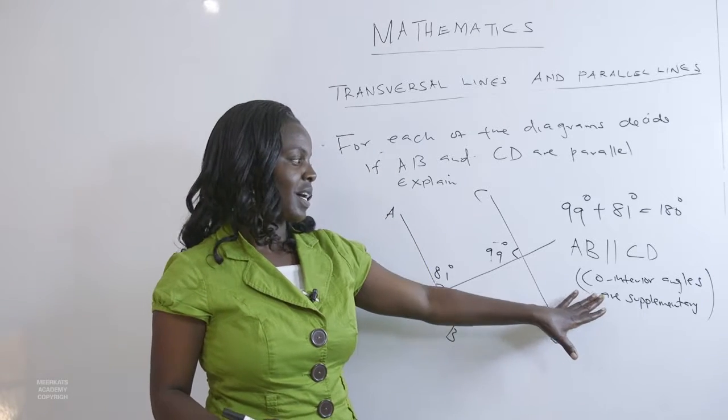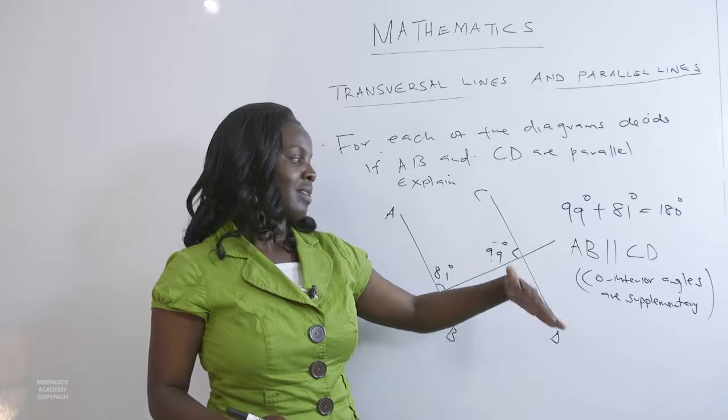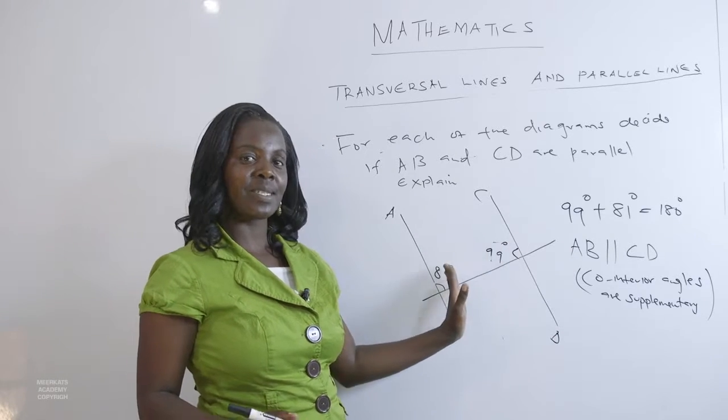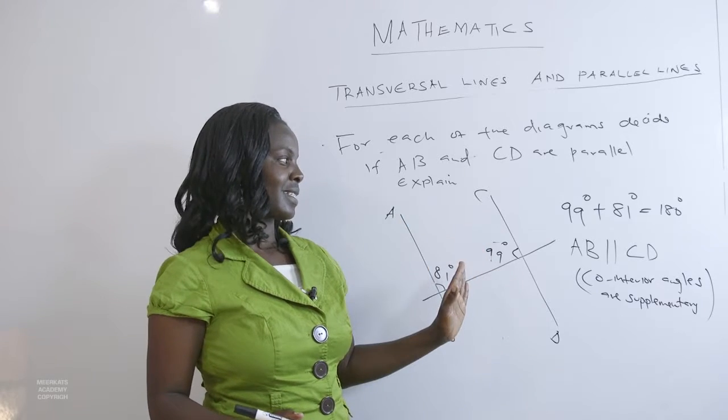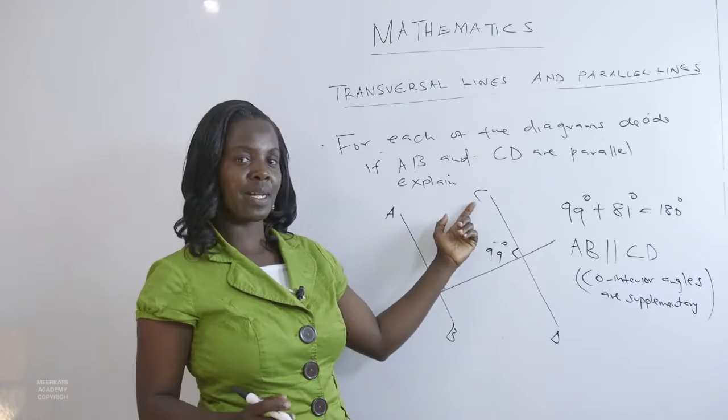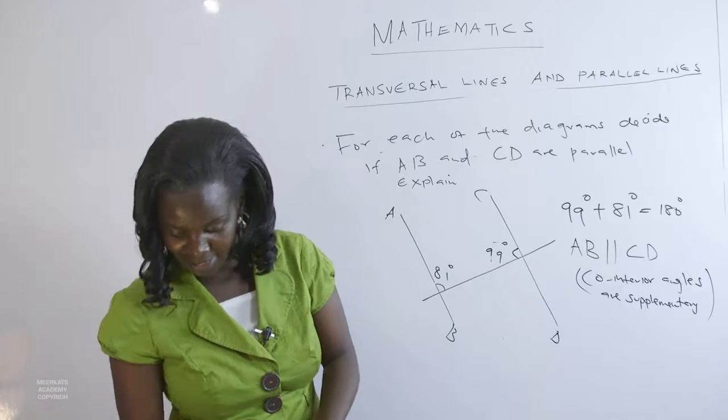That is a term to mean that the sum of the co-interior angles is equal to 180 degrees. So you have proved that line AB is parallel to line CD.